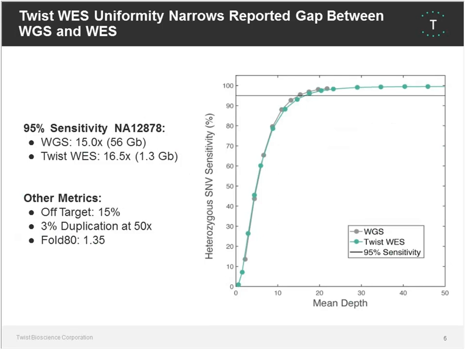What you can see now, using the NA12878 HapMap sample, is that Twist Bioscience has been able to narrow, if not remove, the gap we had previously seen, such that the whole genome sequencing and whole exome sequencing from Twist run pretty much right on top of each other.